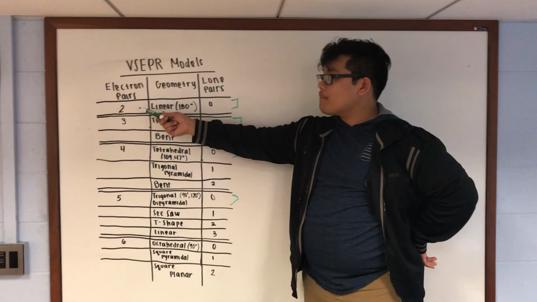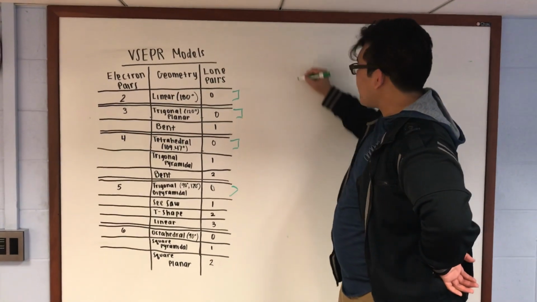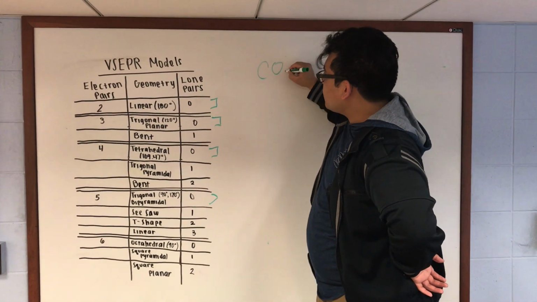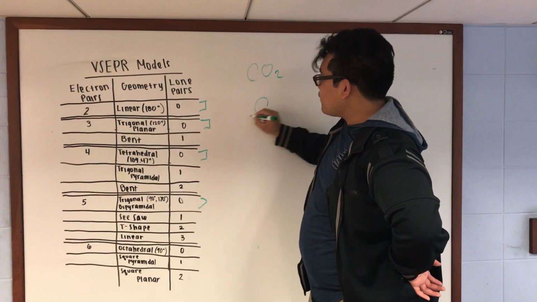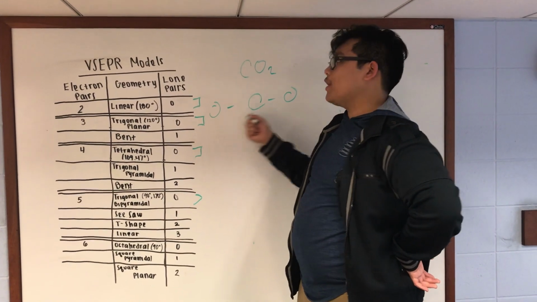Where there are 2 electron pairs, it's called linear. For example, CO2: C is going to be like this, and O is going to be like this. This is linear because it's a straight line.